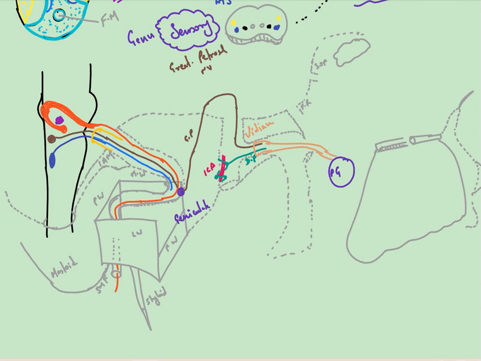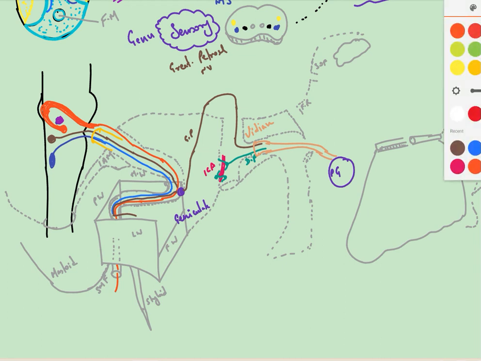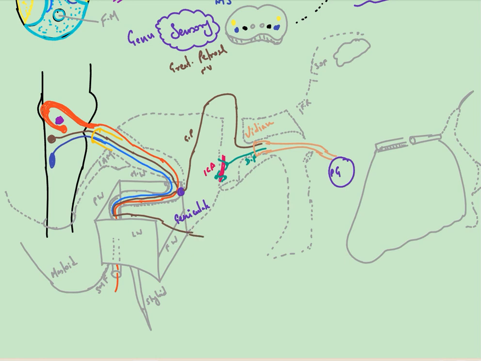Suppose this blue fiber is coming up like this, and a part of the salivatory nucleus also comes up like that. Both these fibers jump from the facial canal and enter the oral cavity. They move like this and try to enter the oral cavity.